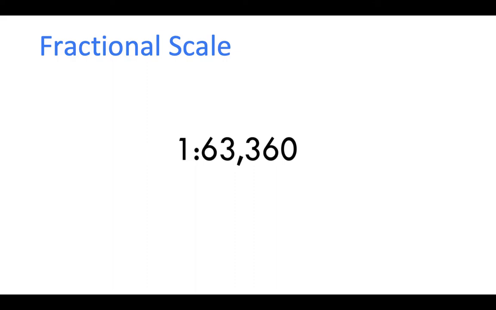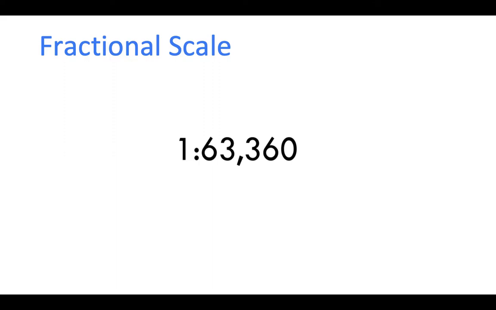With this American imperial system, I can do the metric system, right? On this exact same map, 1 centimeter on the map is equivalent to 63,360 centimeters in reality. Right?